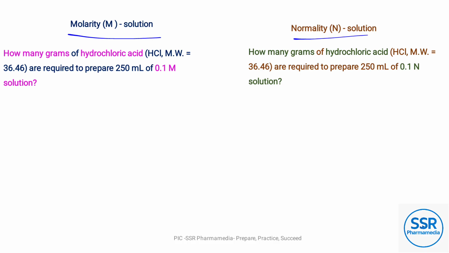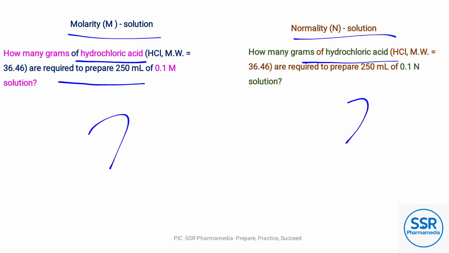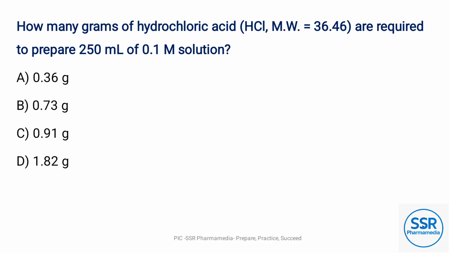Molarity and normality were already discussed. For the preparation of hydrochloric acid, how many grams of hydrochloric acid are required to prepare 250 ml of 0.1 solution?